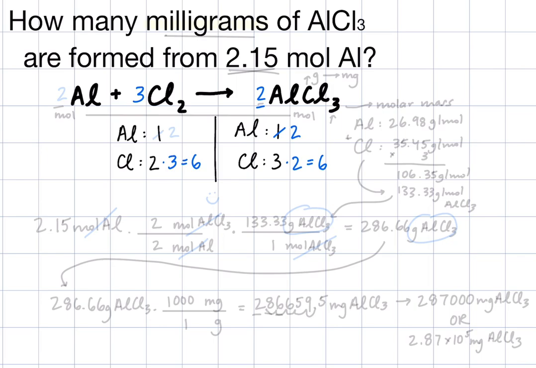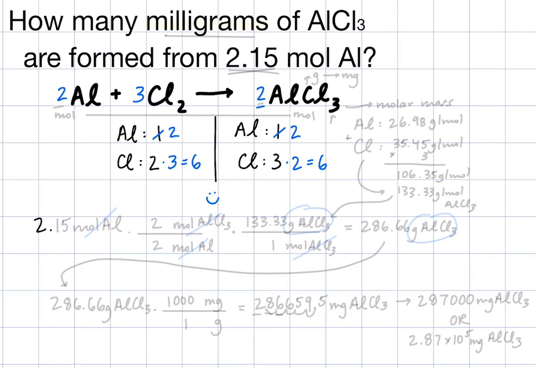And now we're unbalanced there. So we need to go ahead and add a coefficient in front of the aluminum on the left side. And now we check the left, we have 2 aluminum, 6 chlorine, and on the right we've got 2 aluminum, 6 chlorine. So we're fully balanced and we can get ahead with our problem.